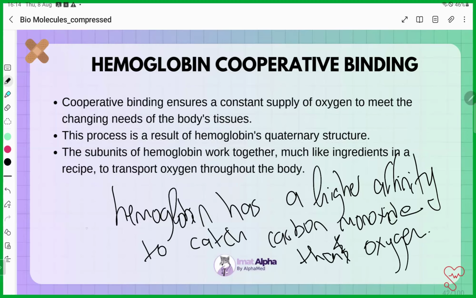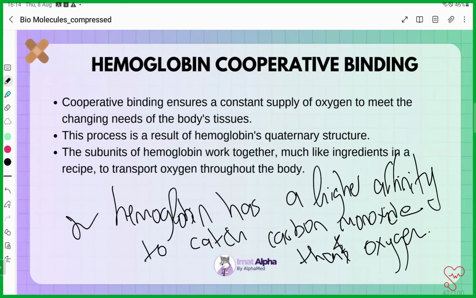So one of the things you must know is that hemoglobin has a higher affinity to catch or to hold carbon monoxide than oxygen, and that's why scientists say that smoking kills, because if hemoglobin has a higher affinity to catch CO more than oxygen, this is a huge problem when you smoke.